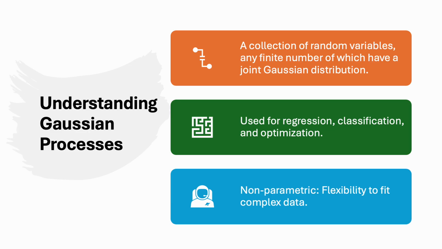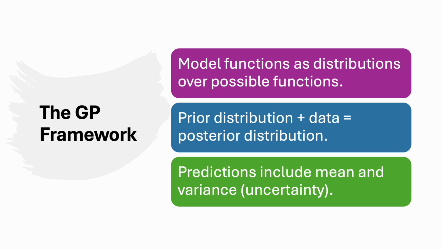GP non-parametric flexibility fits complex data, as I just mentioned in quite some depth. The GP framework models functions as distributions over possible functions. Prior distribution plus data equals posterior distribution, and predictions include mean and variance in terms of uncertainty.